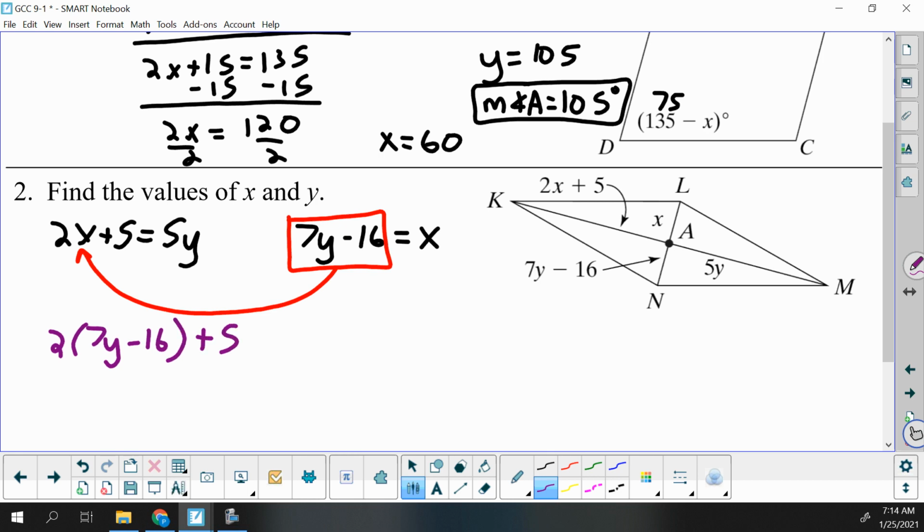plus 5 equals 5y. We'll distribute the 2 to give us 14y minus 32 plus 5 equals 5y.